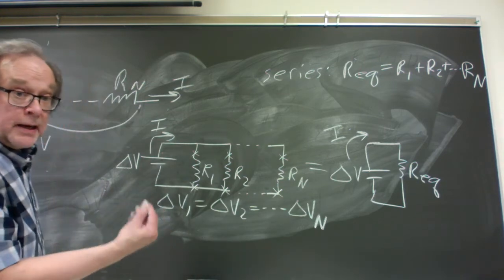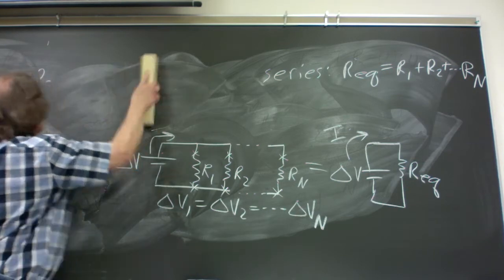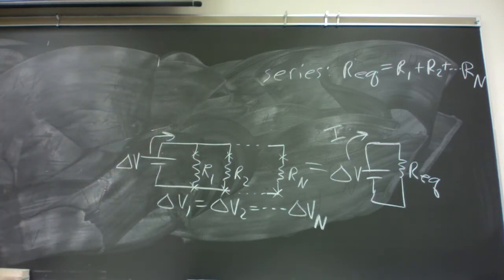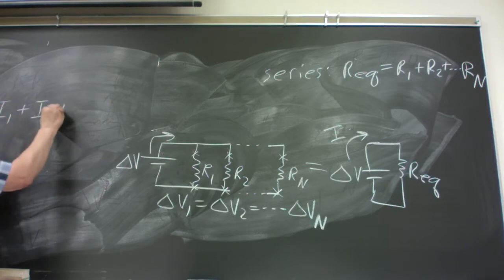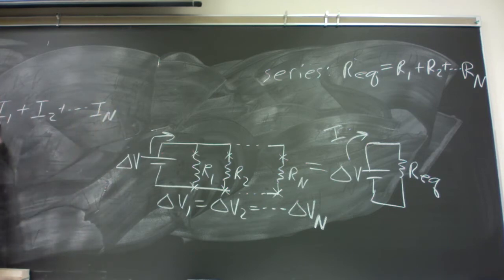So let's write that out algebraically. Total current pushed by the battery is just current through the first plus current through the second resistor and so on until you get current through the nth resistor. But we know how to write this.